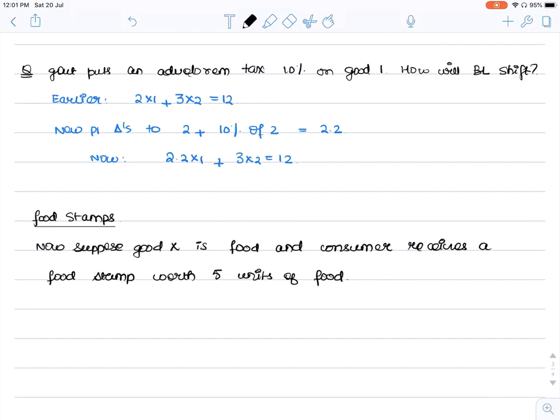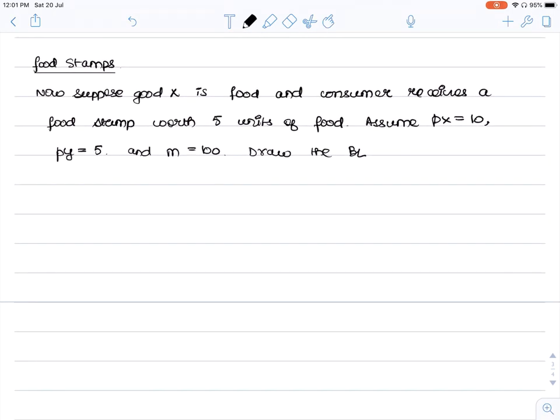Assume the price of X is 10 and the price of Y is 5, and income is 100. Draw the budget line.